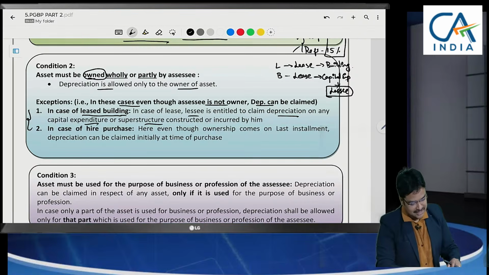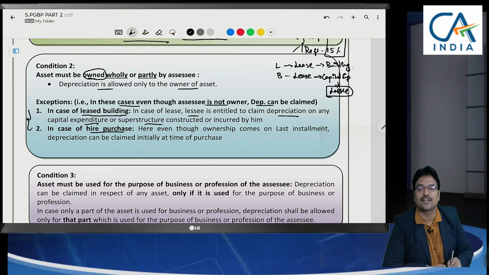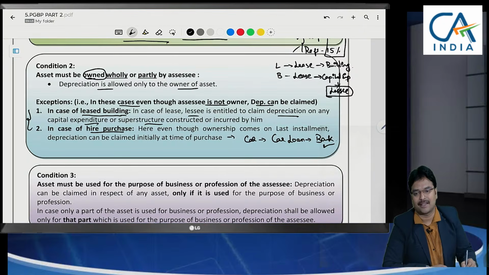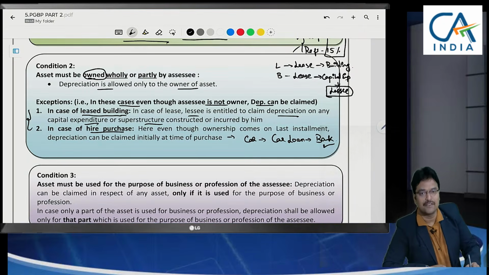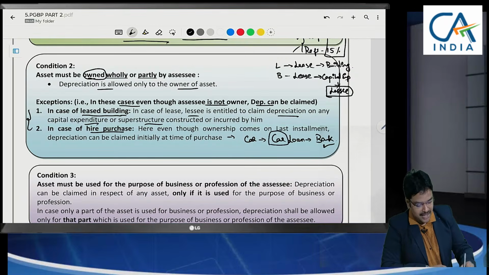Coming to the second exception, in case of hire purchase. Hire purchase means, for example, a car purchased by obtaining a car loan from a bank. Here the car will be hypothecated to the bank, and we receive ownership after payment of the last installment. But we can claim depreciation on this car at the time of purchase itself.